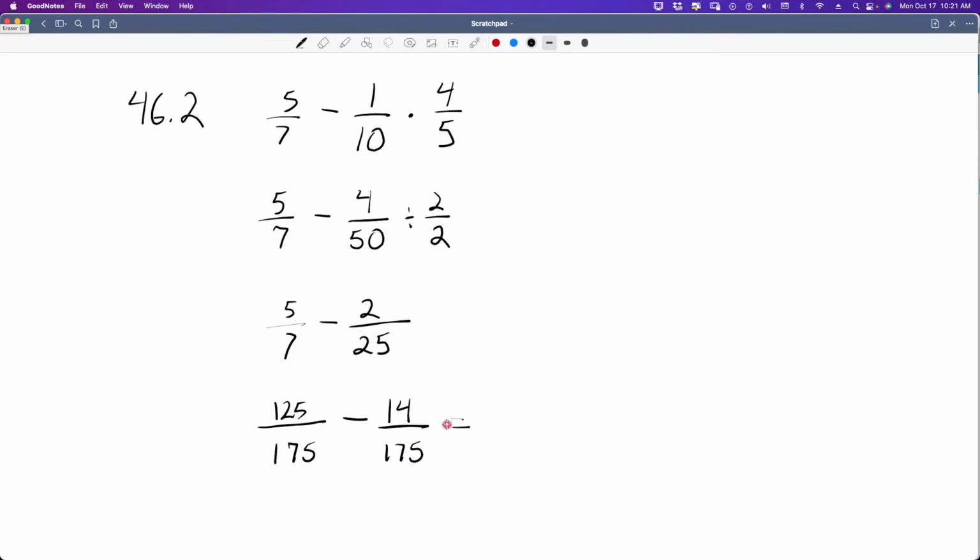So when I do the subtraction here and I take 14 from 125, what I end up with is 111 over 175. And 111 is a prime number. It has no other factors besides 1. So I can't reduce. So this would be my final answer.